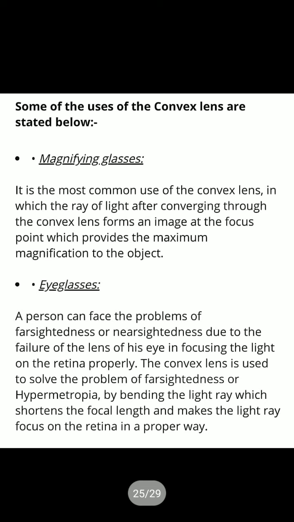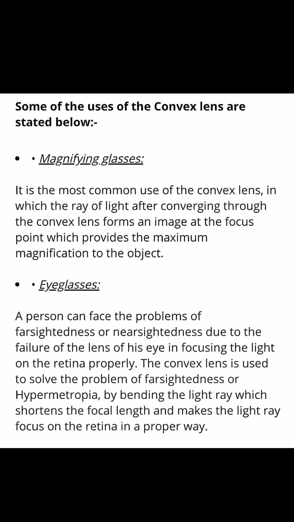Now we discuss the uses of concave lens and convex lens. First, the convex lens. The first and simplest use is as a magnifying glass. In everybody's house, I think there is a magnifying glass to see the letters.